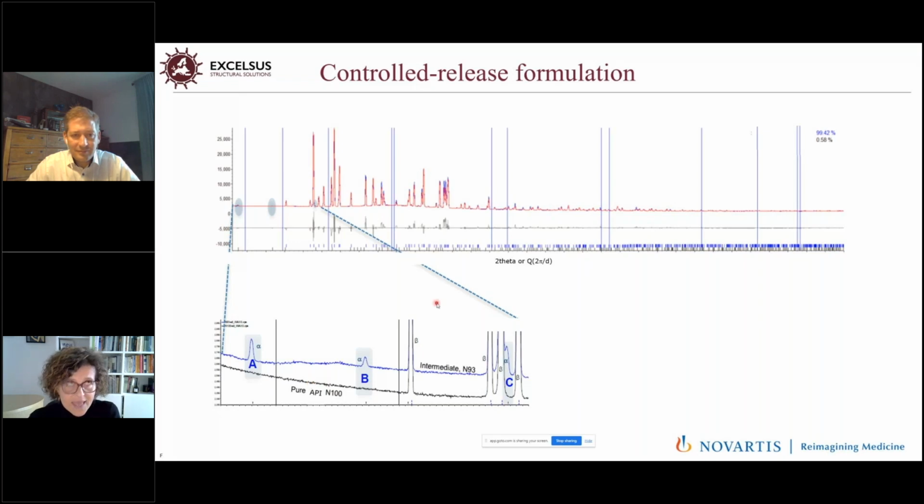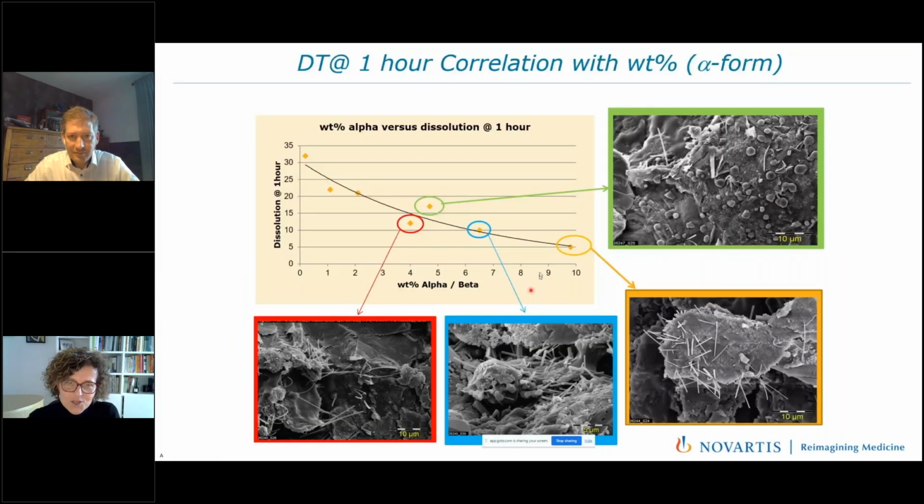And again, here is the power of a tool that allows a direct detection of form. The peaks that we were detecting were matching perfectly the structure of this other form. And I think Arnaud, with that information, could continue the understanding.